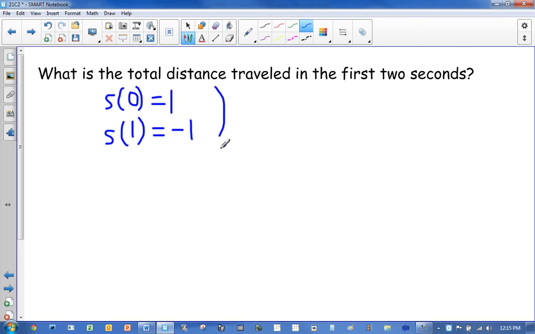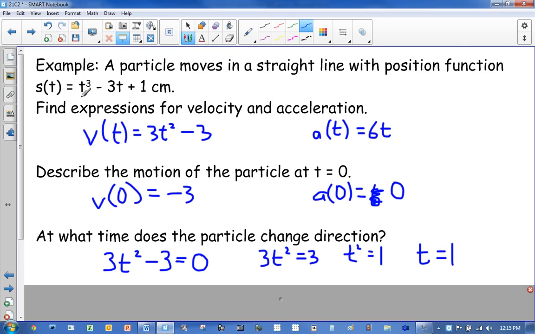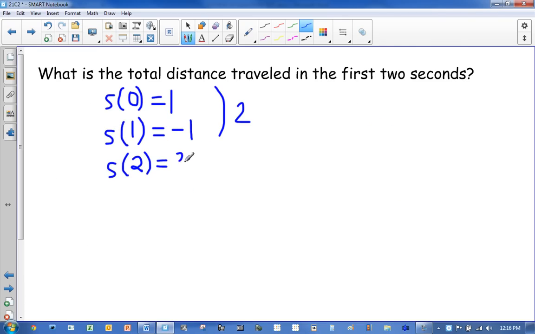So between the 0 second mark and the 1 second mark, it traveled a distance of 2 centimeters. And then I want to know where it was after the 2 second mark. If I plug in 2, 2 cubed is 8, minus 6 plus 1, that should be 3. And so here it moved a total of 4 units to get from -1 to positive 3. So the total distance was 6 centimeters.